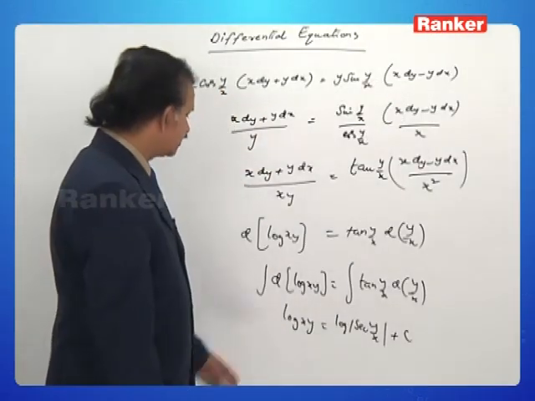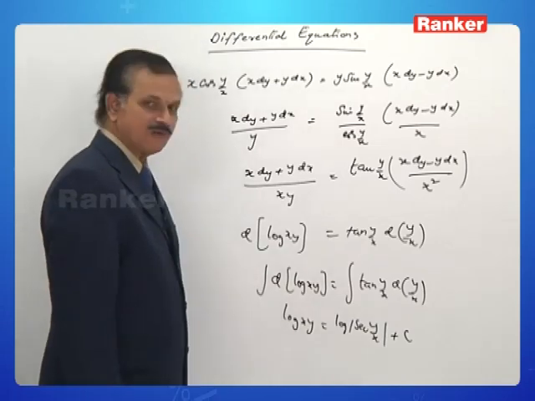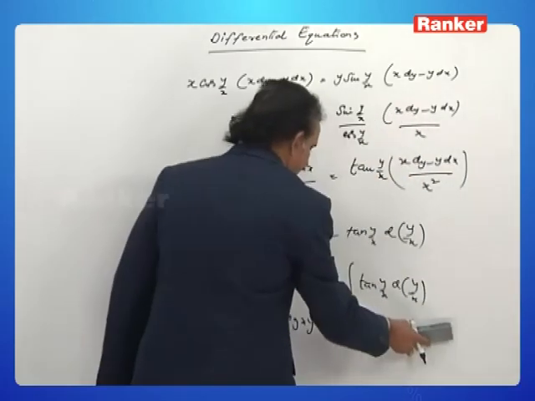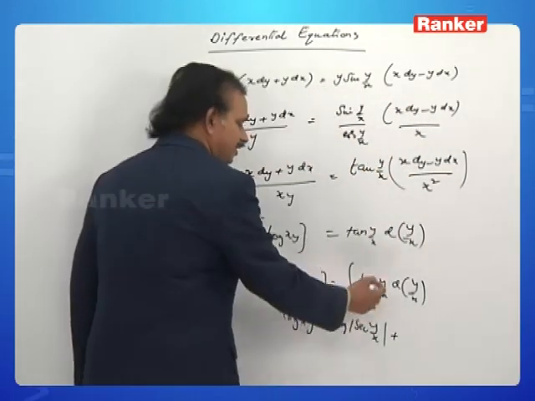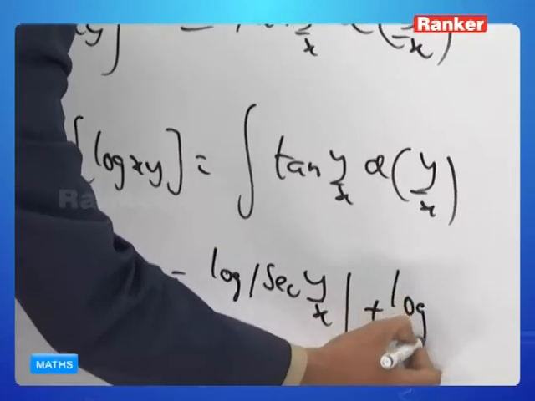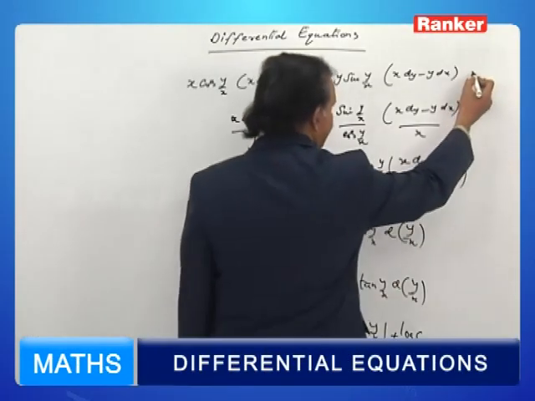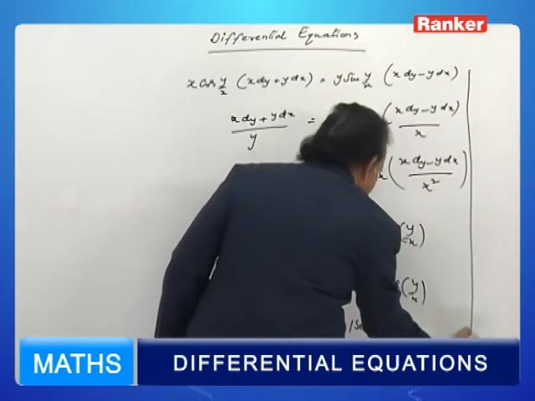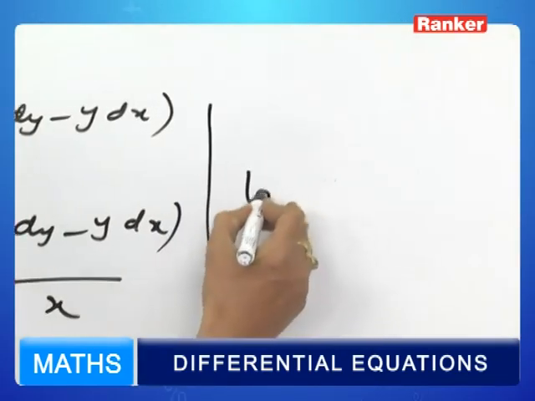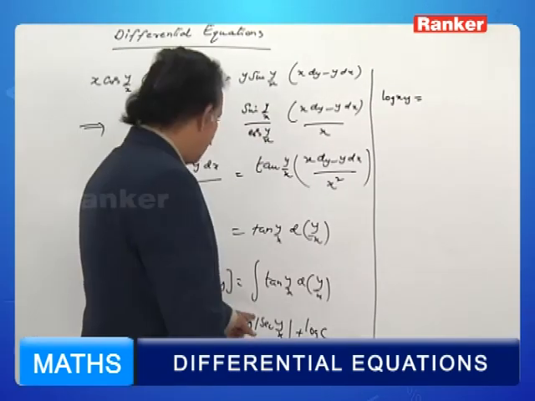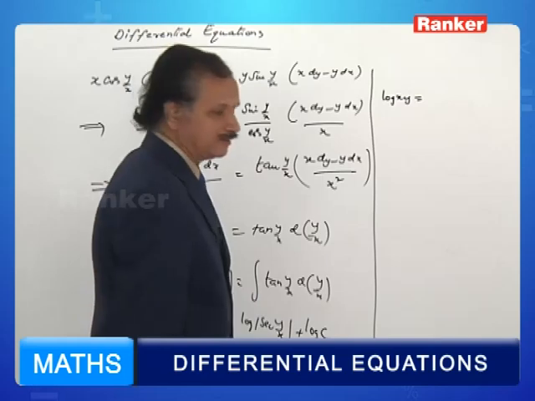Plus c. You see, here it is logarithm, here it is logarithm. Therefore, by observing the nature of the expressions in the answer, we can change the constant as some log c. What will be the next shape of that answer? Therefore, log xy is equal to, come on friend, log m plus log n, log mn.